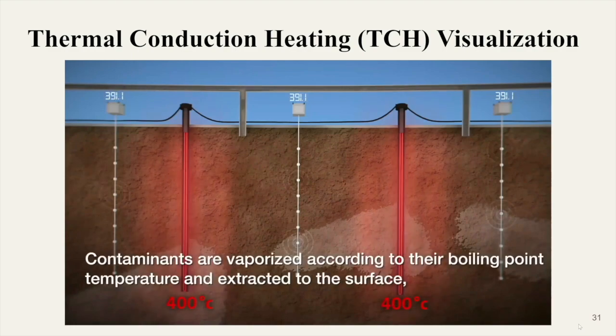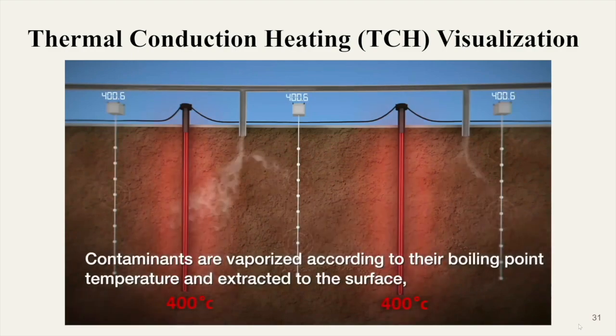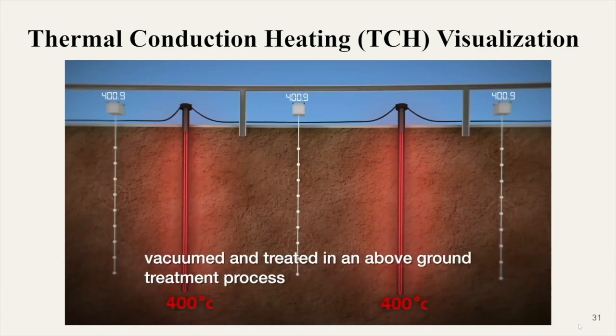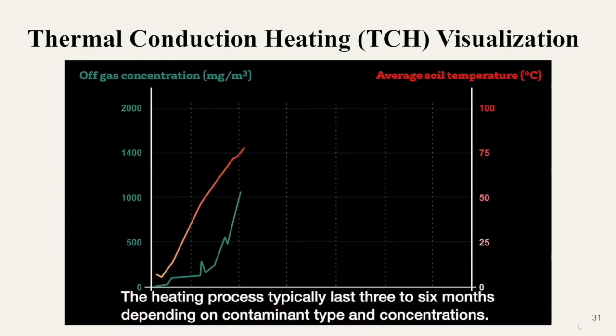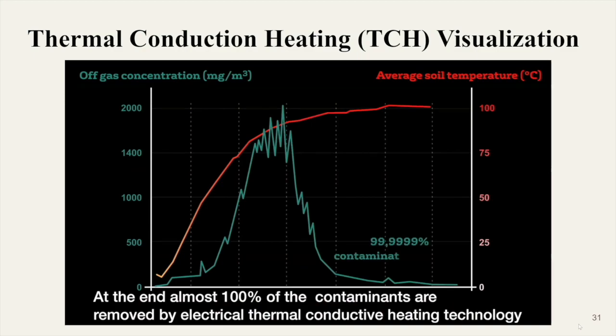Contaminants are vaporized according to their boiling point temperature and extracted to the surface, vacuumed, and treated in an above-ground treatment process. The heating process typically lasts 3 to 6 months, depending on contaminant type and concentrations. At the end, almost 100% of the contaminants are removed by electrical thermal conductive heating technology.